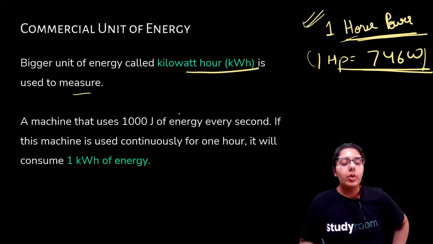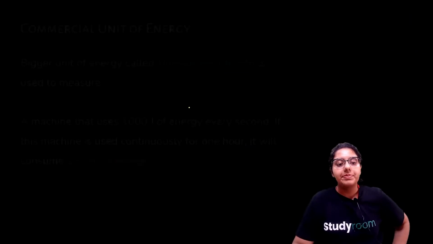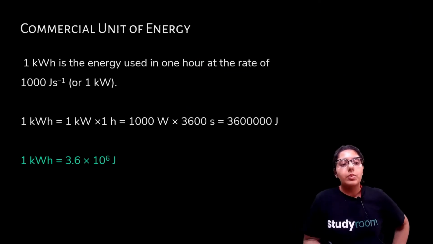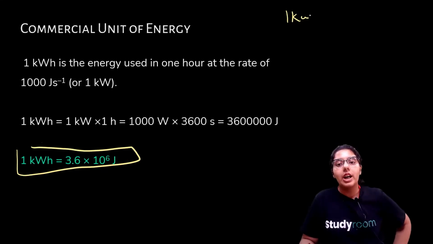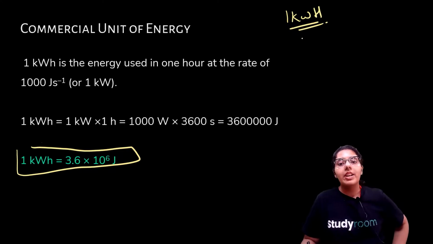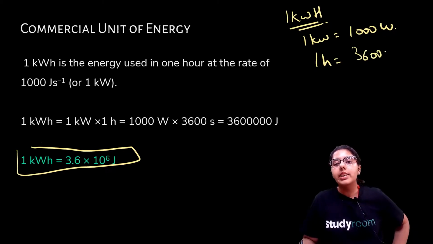So you know about kilowatt hour, right? 1000 joules of energy every second, 1 kilowatt hour, right? So 1 kilowatt hour is 3.6 into 10 to the power 6 joules. Let's do this conversion. 1 kilowatt is equal to 1000 watt, and 1 hour is equal to 3600 seconds.